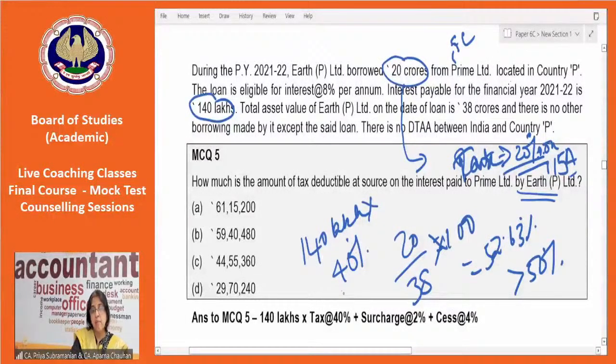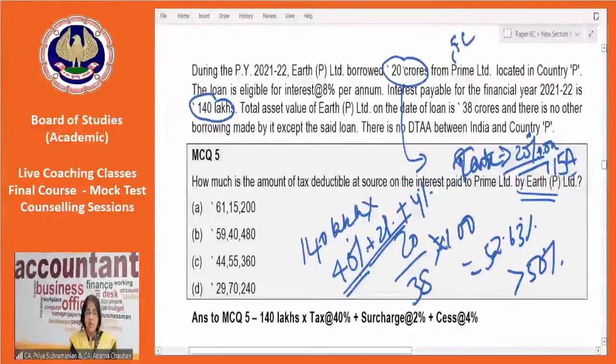In case of foreign company, it's 40%. And 140 lakhs is higher than 1 crore, but it's lesser than 10 crores. So surcharge will be at 2%, and cess will be at 4%. I hope it's understood. Had they given it in foreign currency, the rate of tax should have been 20%. So now it's 40%. So 40 into 1.02 into 1.04, that will give you 42.432%.